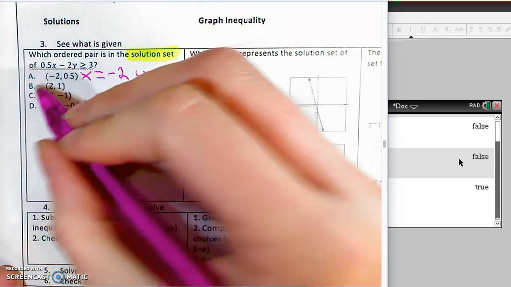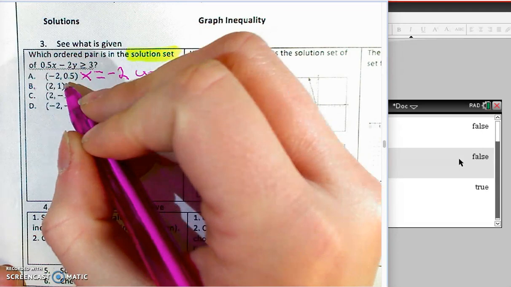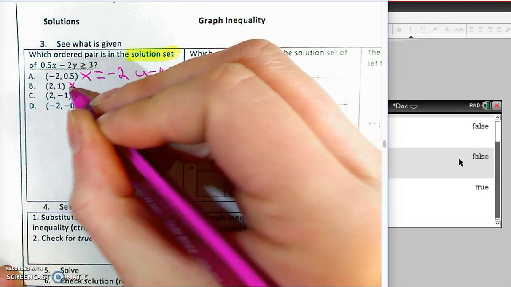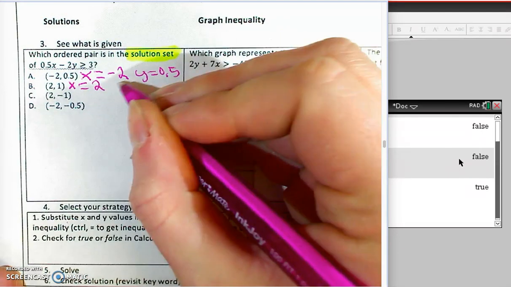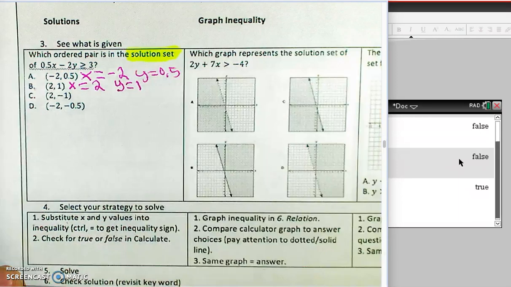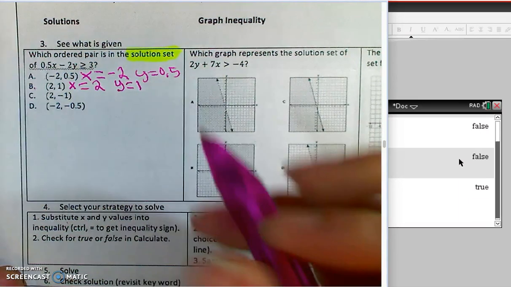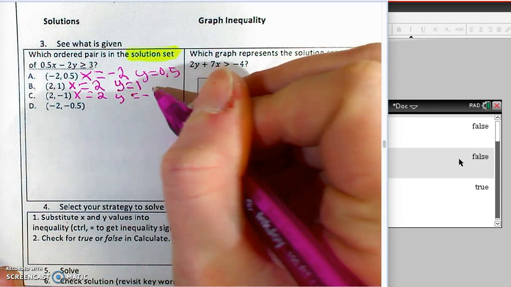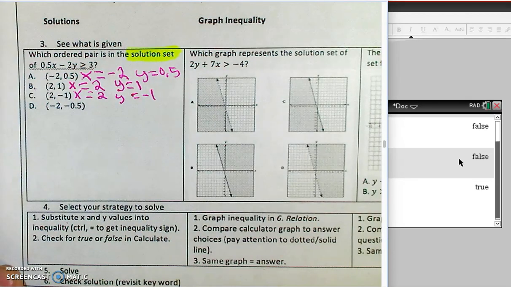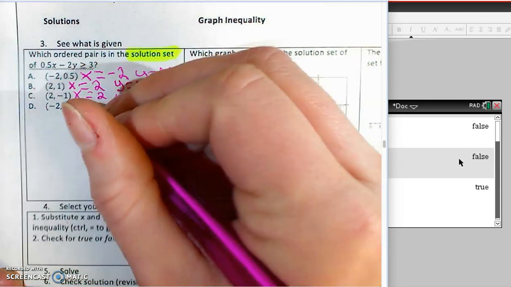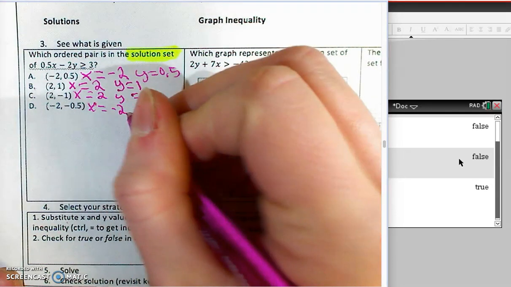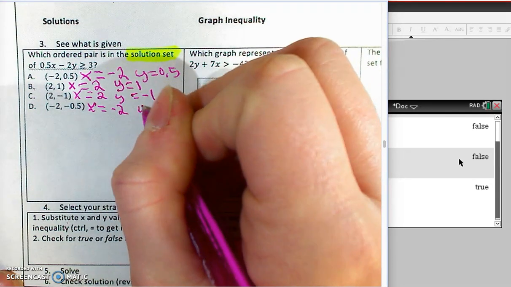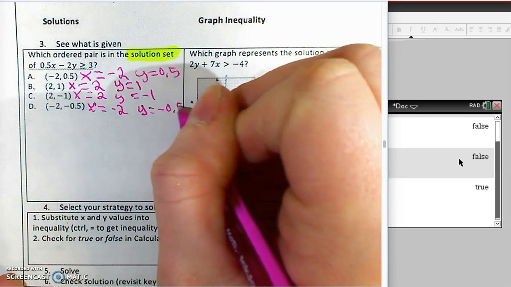For B, the point is 2, 1, so x equals 2 and y equals 1. For C, x equals 2, y equals -1. And finally for D, we have x equals -2 and y equals -0.5.